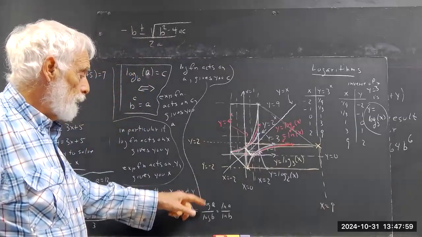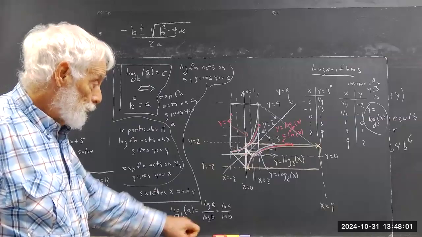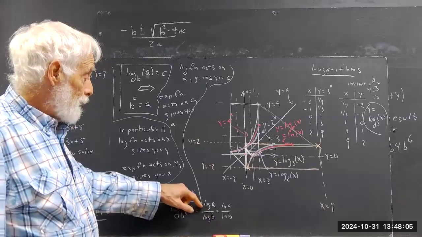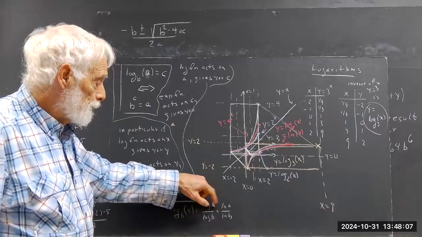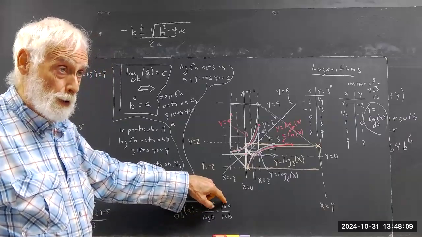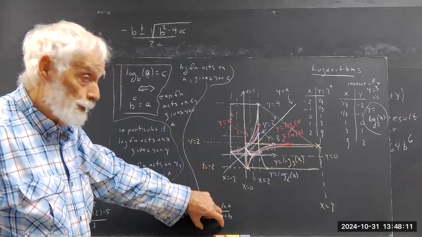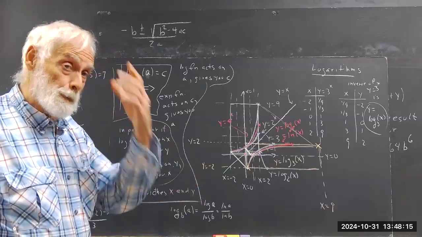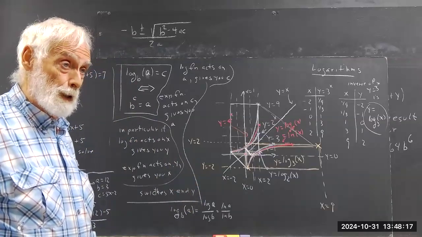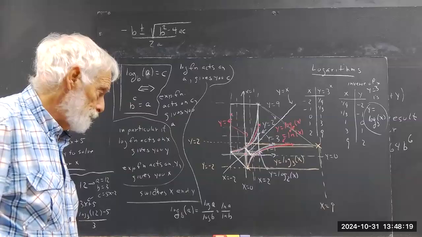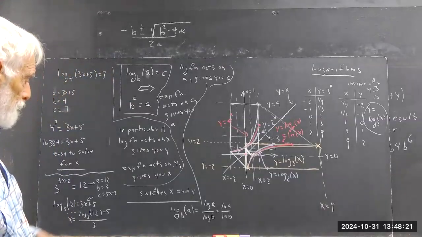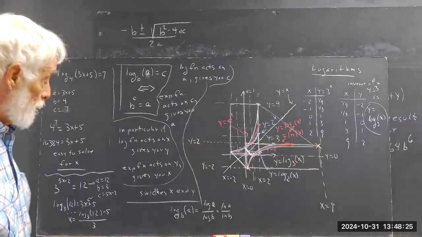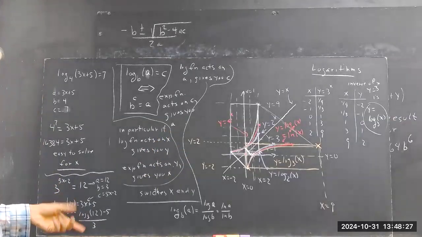And that's why the log of A over log of B is equal to the natural log of A over natural log of B, because the log of A has some constant stretch compared to the natural log. It's the same in the numerator as in the denominator, so it doesn't matter. And if you understand that, that's a pretty good thing to understand. I mean, it's not that hard. It's a bit of knowledge that most people don't really relate to. Anyhow, you can do this.